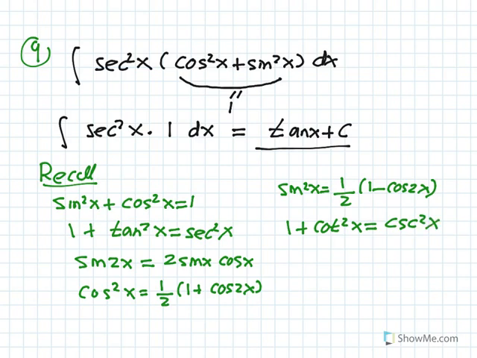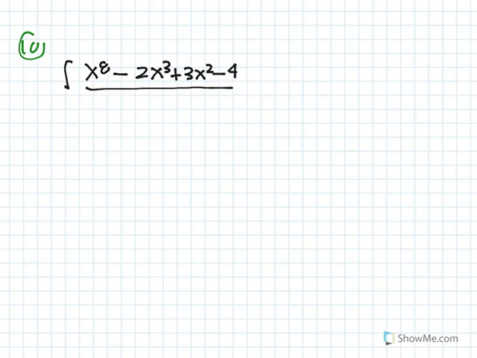All right, let's look at number 10. Here we have integral x to the 8 minus 2x cubed plus 3x squared minus 4, divided by x cubed. This may seem like a tough integral, but it actually is not, because we can just divide this through using a property of algebra.